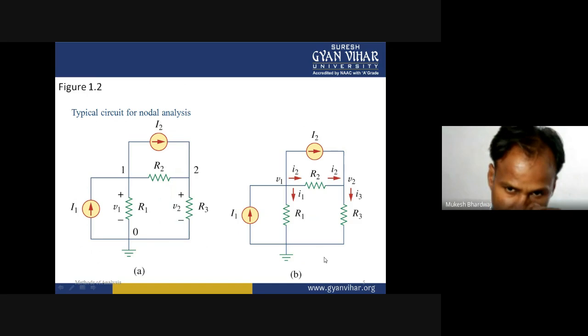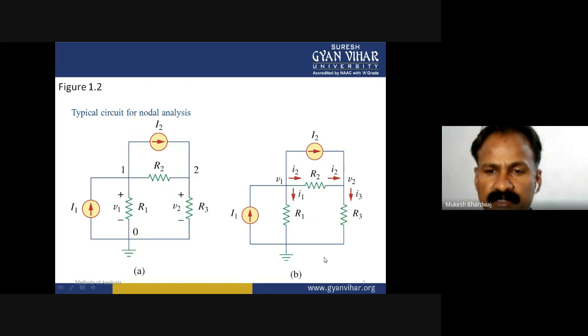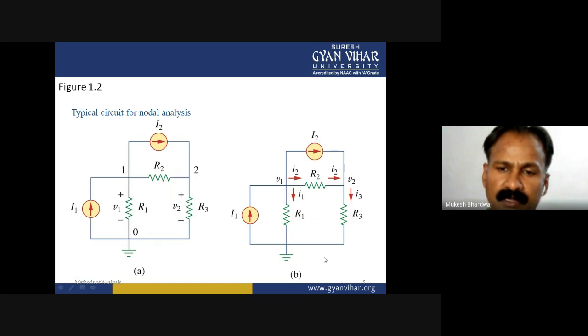At position number 1, if current I comes to the junction, we designate the currents as I1, I2 and I3. In some other branches the current is already given as capital I1, capital I2 because current sources are there, and the remaining three branches containing the resistances do not have current nomenclature.